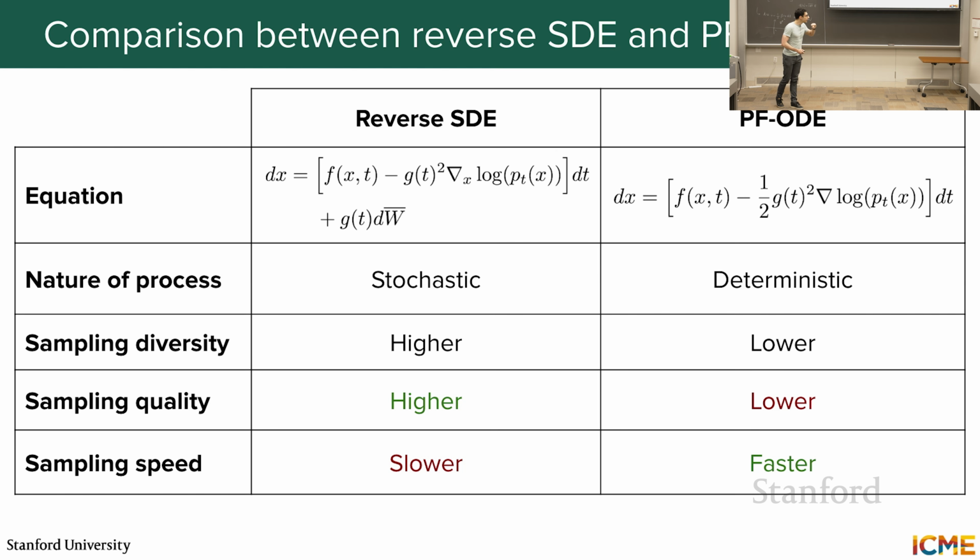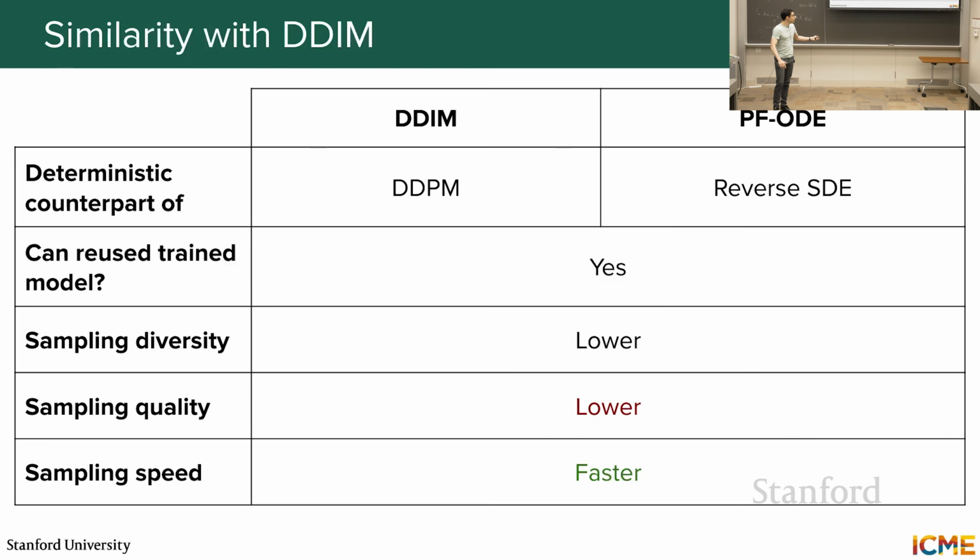So you have a nice interpretation there. And of course, now that we have an ODE where we can adapt step sizes, you can now resolve this faster, which is a nice property. And the fact that I told you that I'm drawing a very similar parallel between PF-ODE and the reverse SDE as the one I drew last week between DDIM and DDPM, we can see a lot of shared commonalities that I've put here for reference.